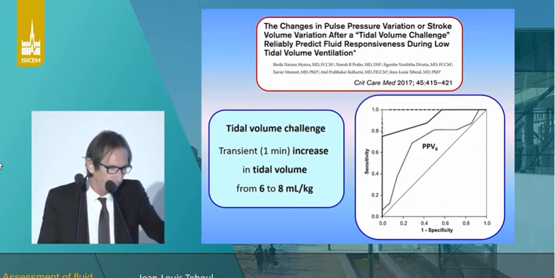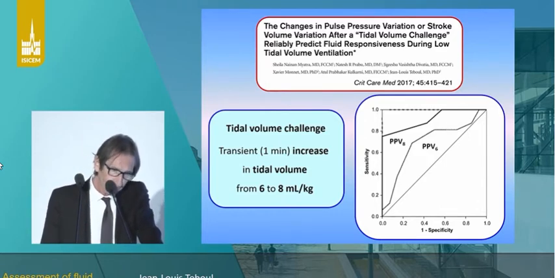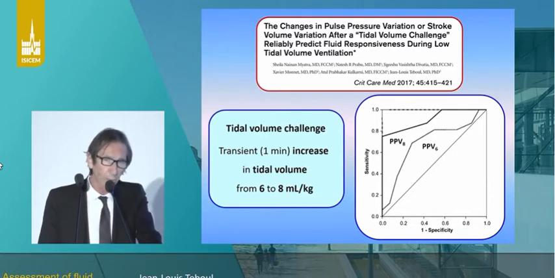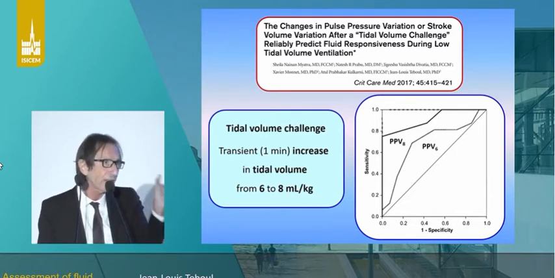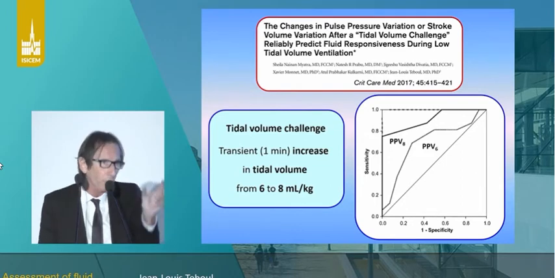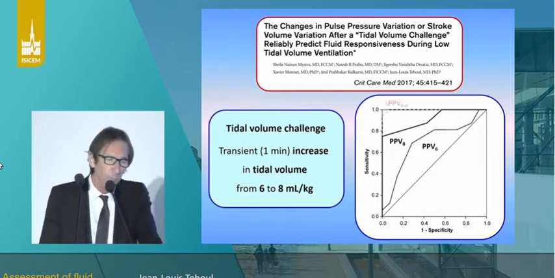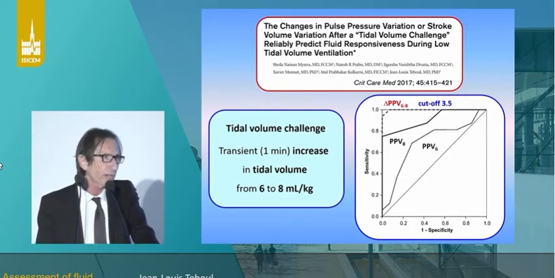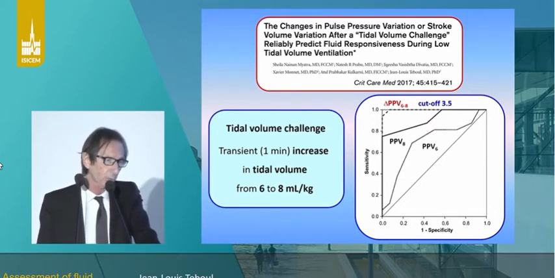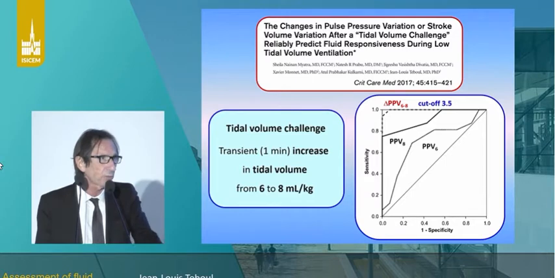And this is a tidal volume challenge. And when we did this, we observed that the value of PPV at 8 ml per kilogram was far better to predict fluid responsiveness, but what was excellent was a change in pulse pressure variation when we changed tidal volume, and we found a cutoff value of 3.5%.